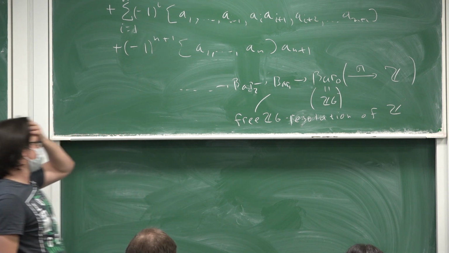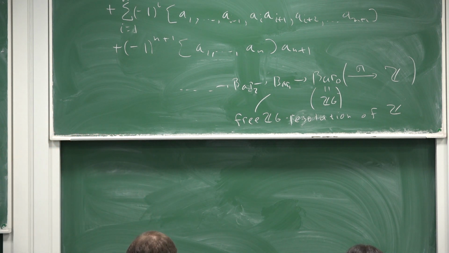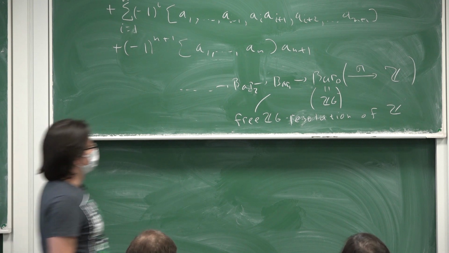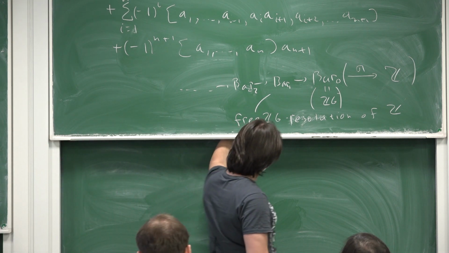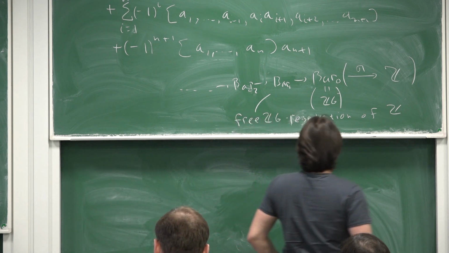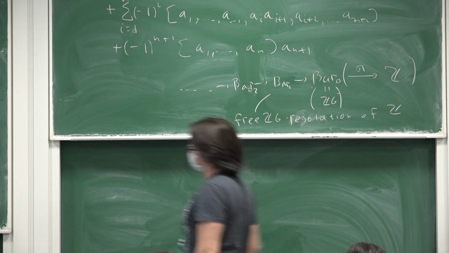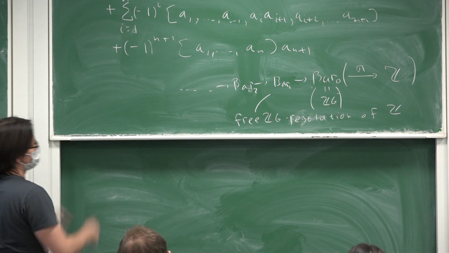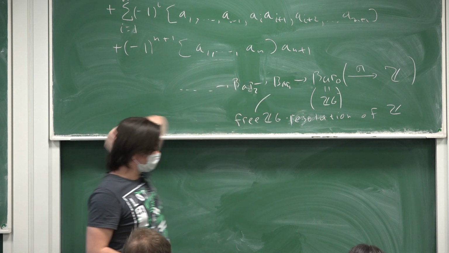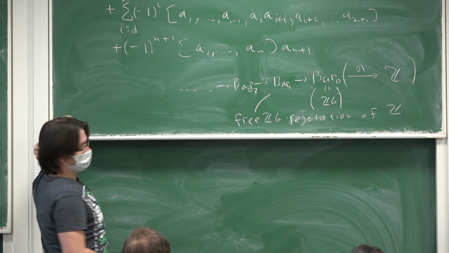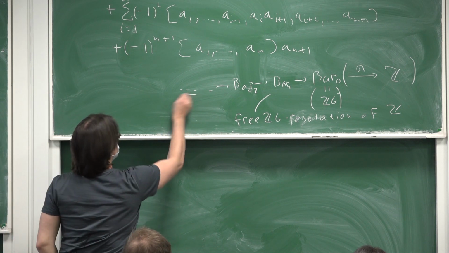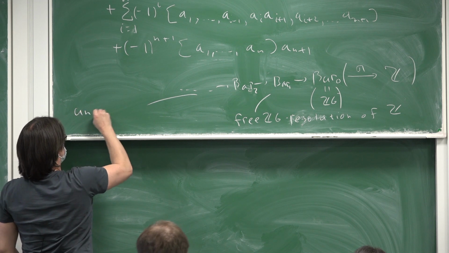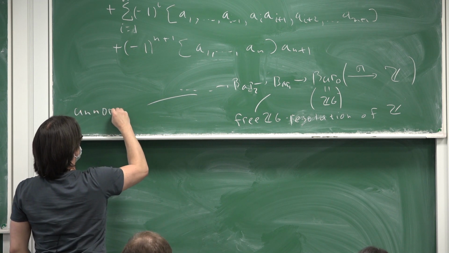Well, there are some similar but little different complexes that define free ZG resolution of Z. One of them is the so-called normalized bar resolution. So this complex is called bar resolution, and also it is called sometimes unnormalized bar resolution.